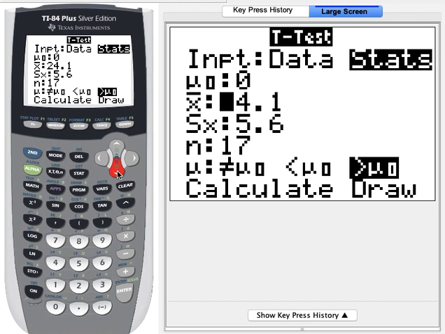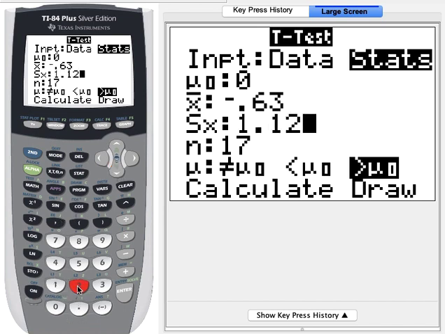Using the data from our sample, the actual mean of the differences is negative 0.63. The standard deviation for the differences is 1.12. The sample size is 19. It's important to give the calculator the sample size so it can calculate the degrees of freedom, which will be 18.